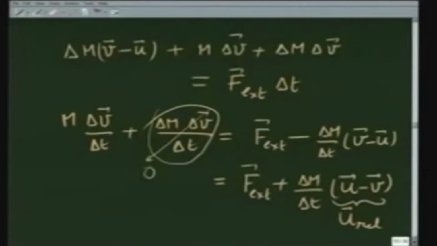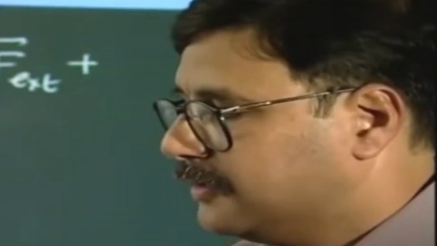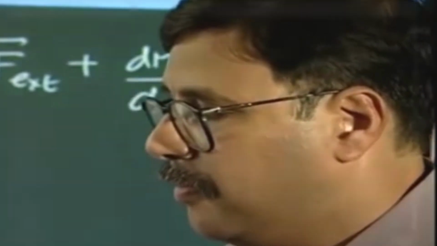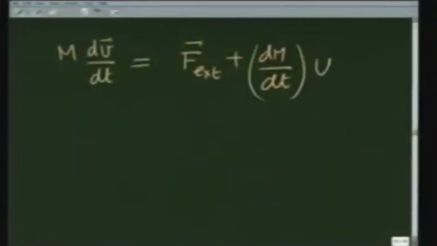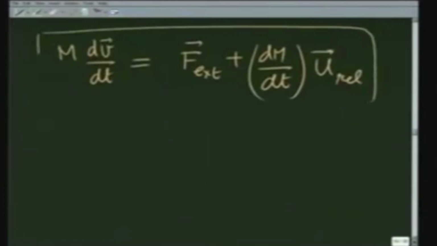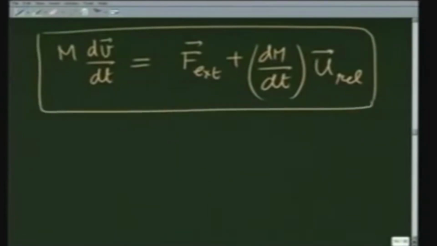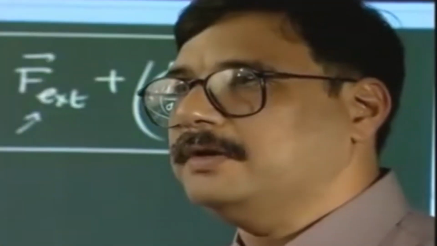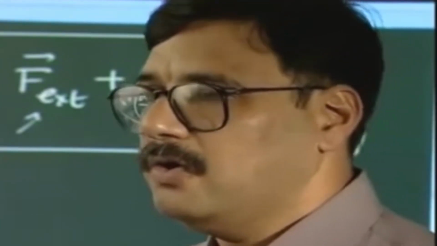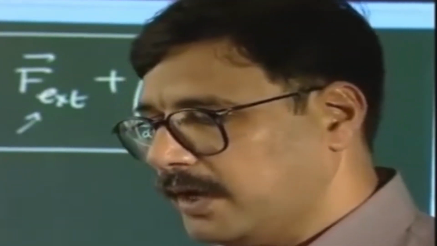So, the final equation that I get is m dv/dt is equal to F external plus dm/dt times u relative. Mind you, the total momentum is still changing according to this, but I am focusing on one particular system on which the mass is adding on or from which the mass is going out.